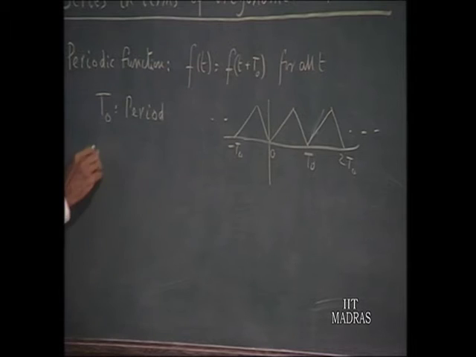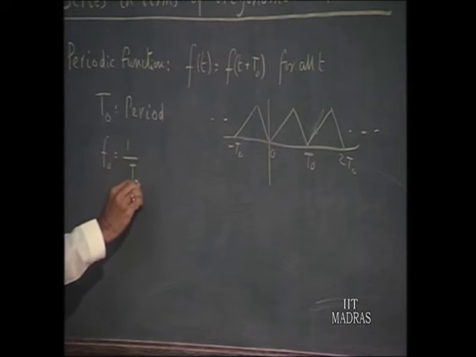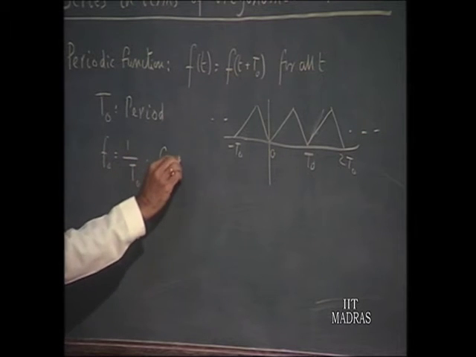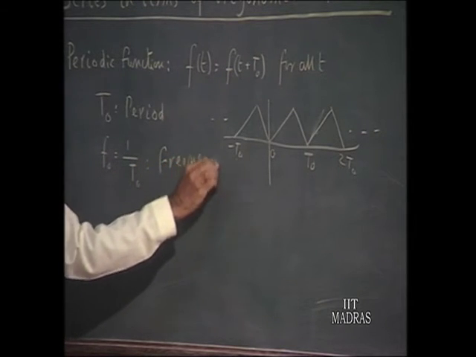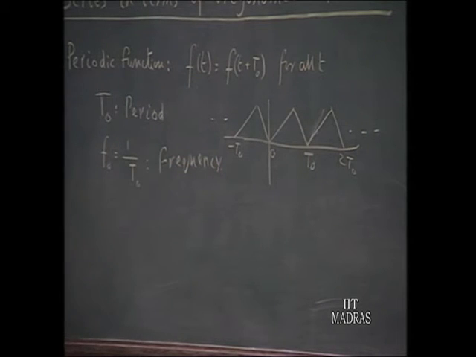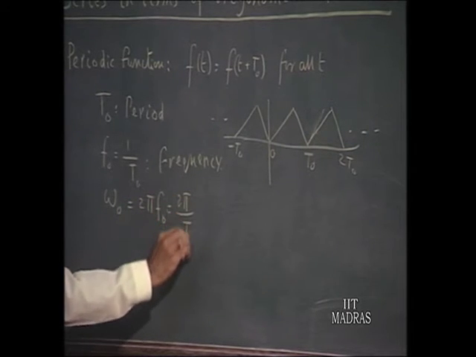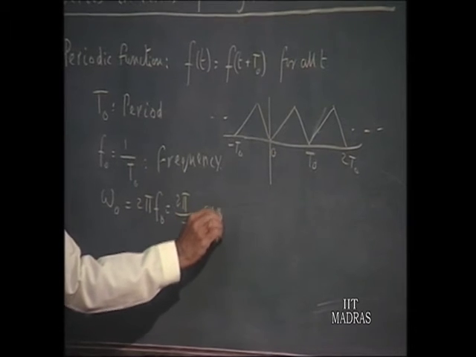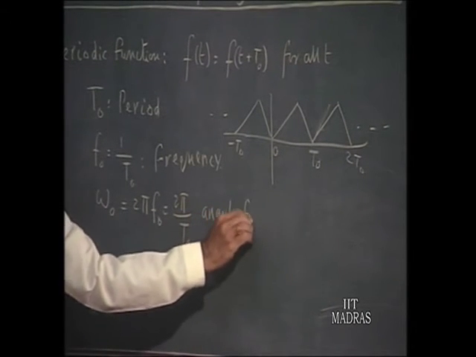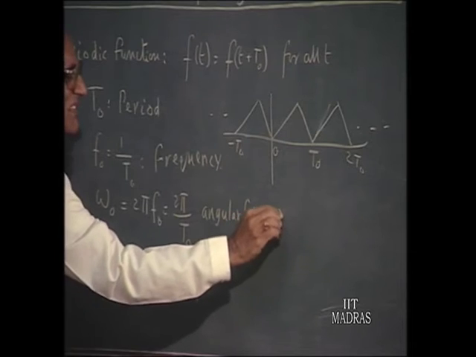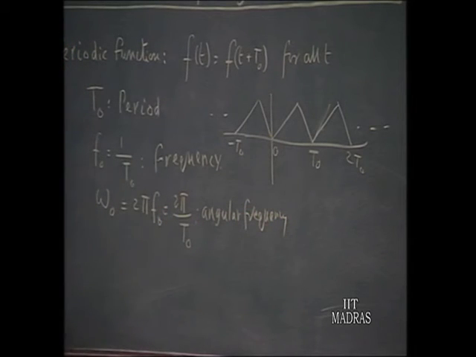We also know that f naught, which is 1 over T naught, is called the frequency of the signal. And in line with what we do in sinusoidal steady state analysis, we use omega naught equals 2 pi f naught, which is 2 pi over T naught, as the angular frequency. These are terms which you are already familiar with, and we make use of them here as well.